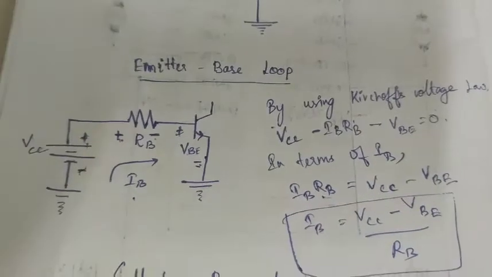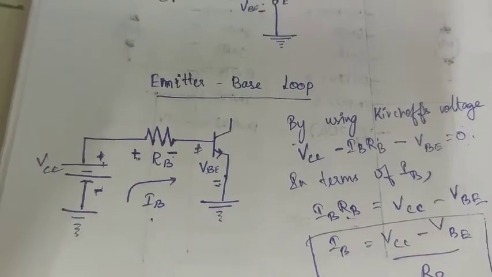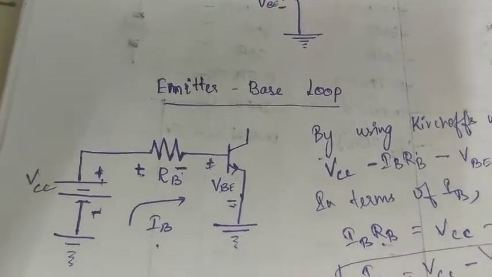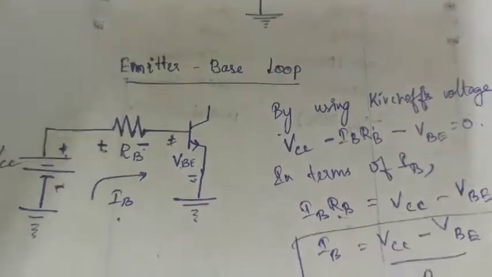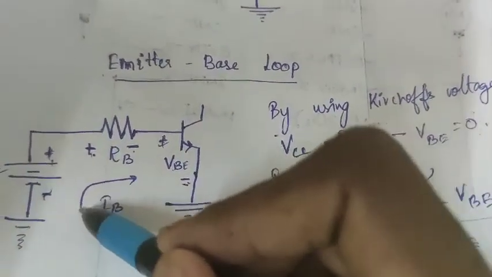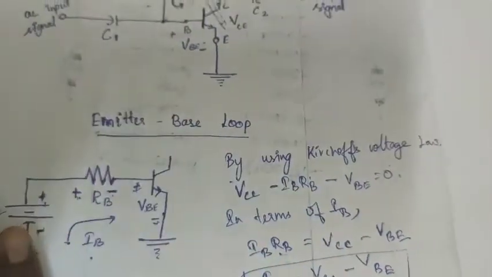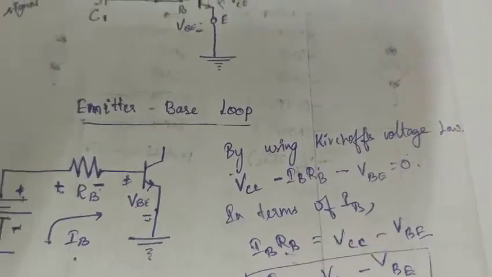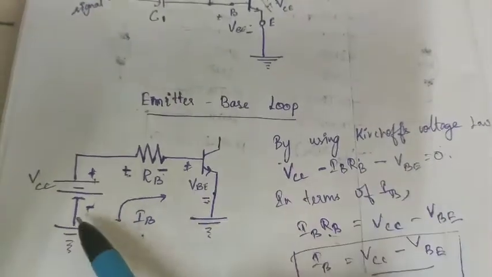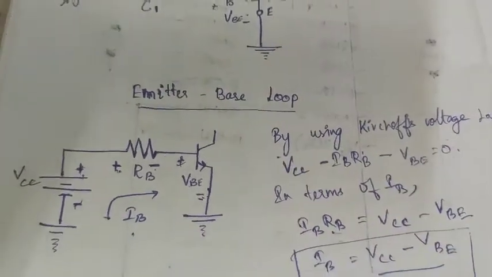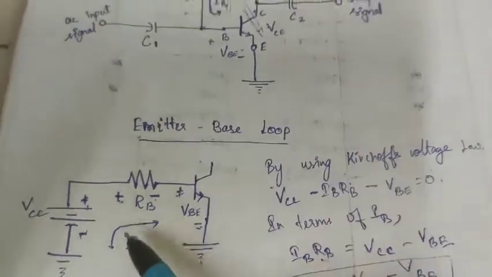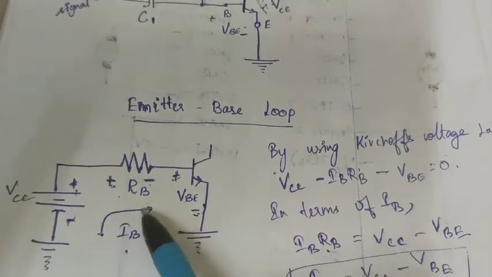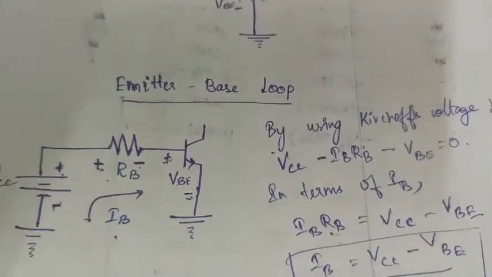And the flow of direction is based on VCC's convention. For this diagram, VCC is along the left side, so it should be from left to right. Accordingly, you have to mark polarity. VCC and VBE have polarities normally, and RB has polarity clockwise, since IB flows clockwise.